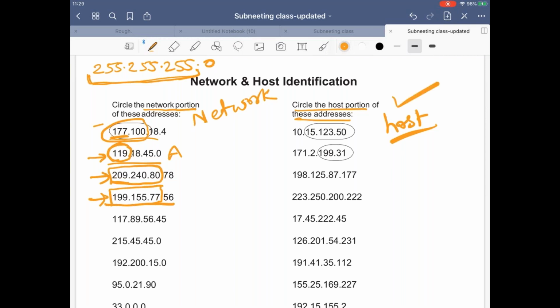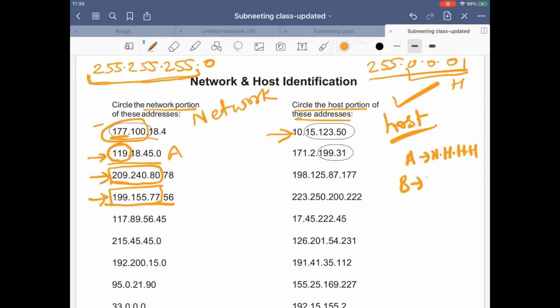On your right hand side, now the host portion. We will circle the host portion of these IP addresses. First one is class A, right? Now, if you compare with the default subnet mask, the last three octets belong to host. For class A, it is network.host.host.host.